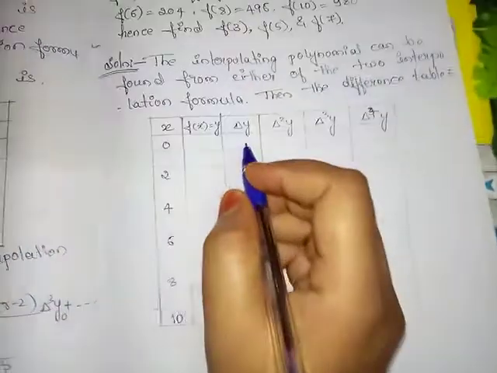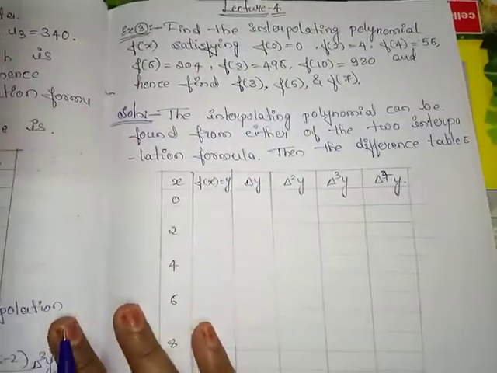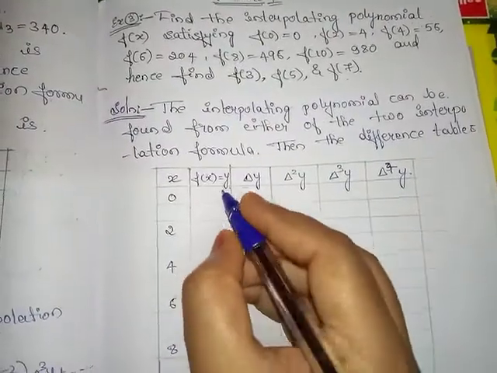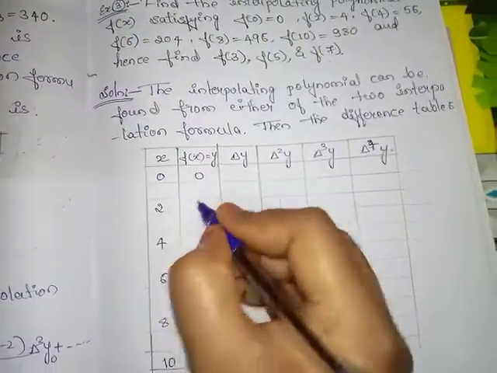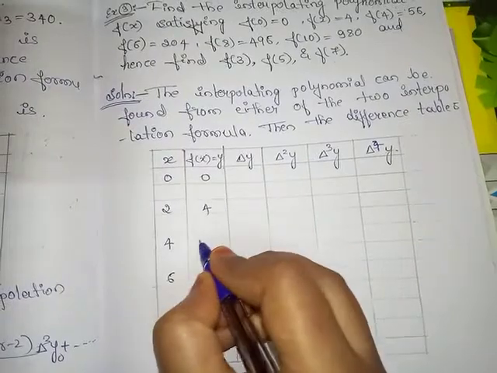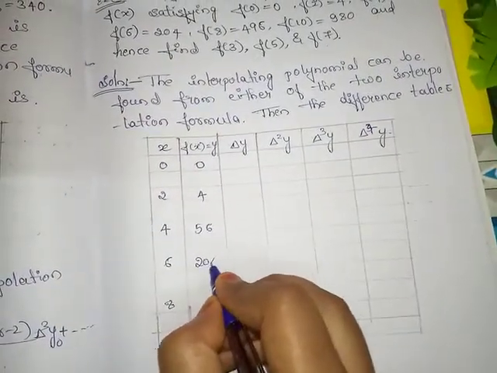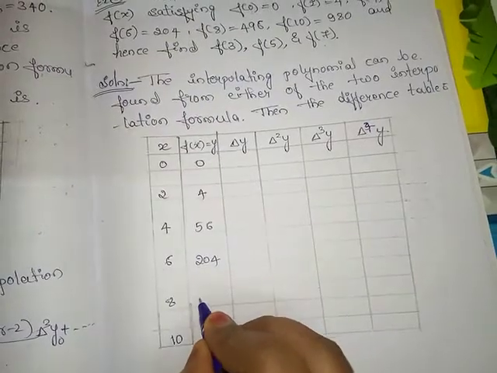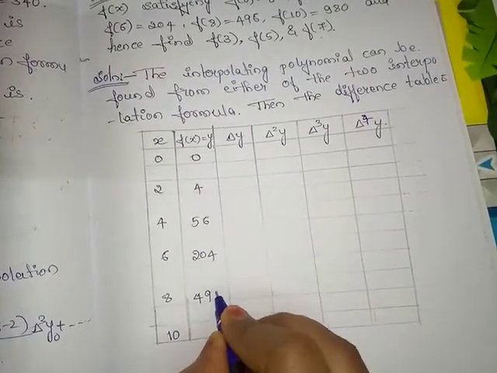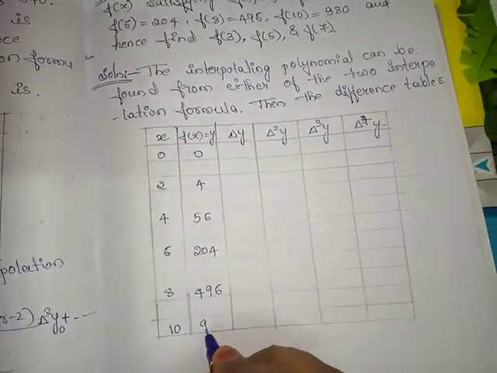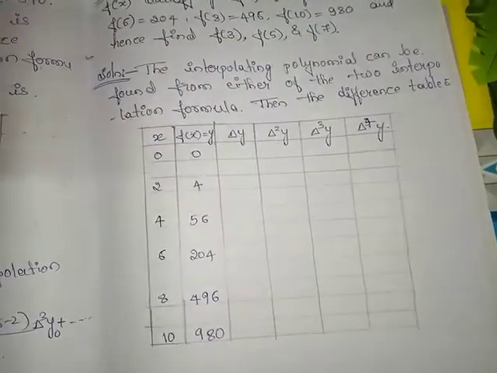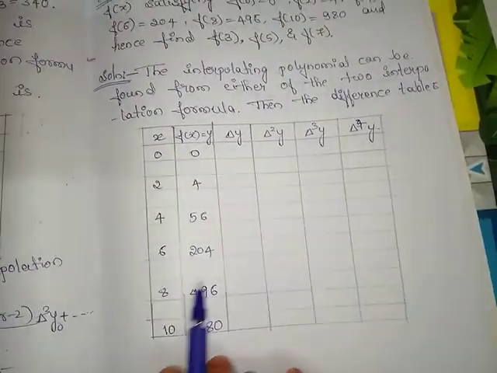Now the corresponding y values are 0, 4, 56, 204, 496, and 980. These are the given values.